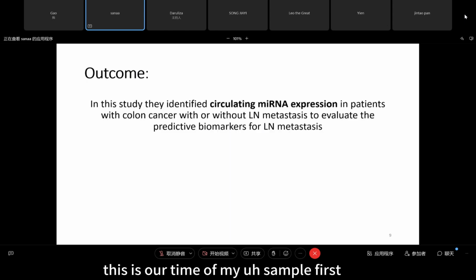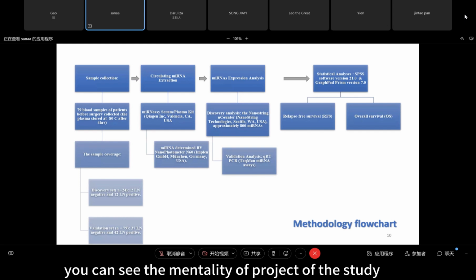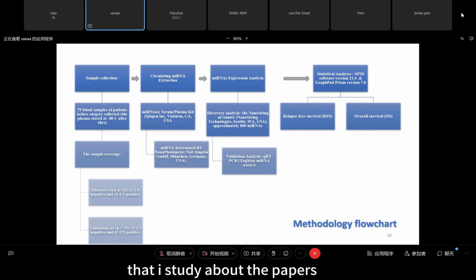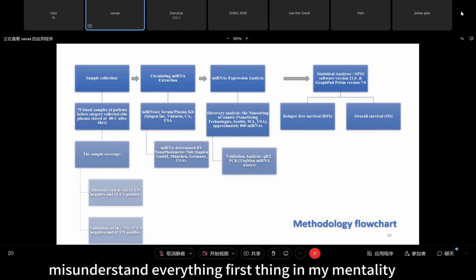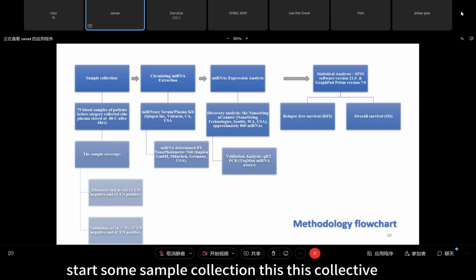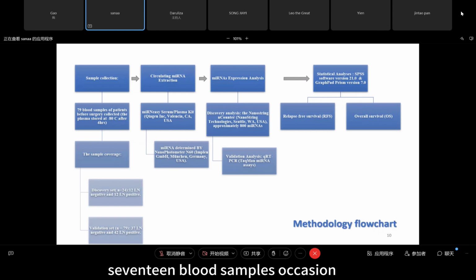This is the outcome of my sample. First, you can see the methodology flowchart of the study that I studied in the paper. In the flowchart, for sample collection, they collected 79 blood samples from patients, and the samples were split into two sets of their cohort, a discovery set and a validation set.